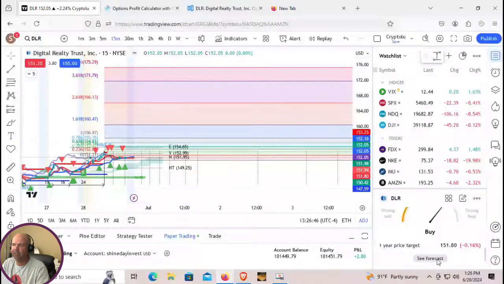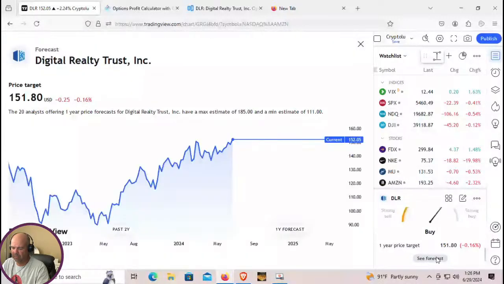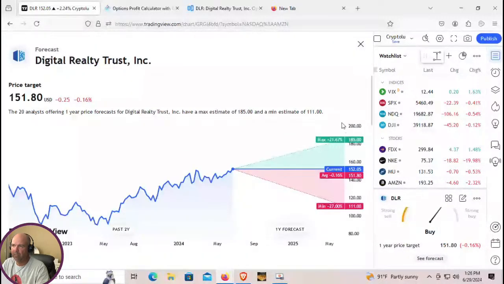The price forecast: 85 at the high, 52. Average 51. The minimum is 27.